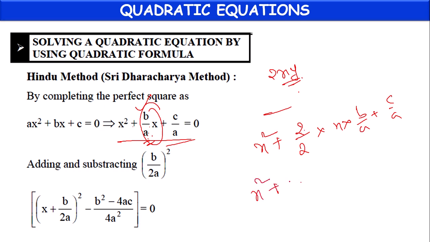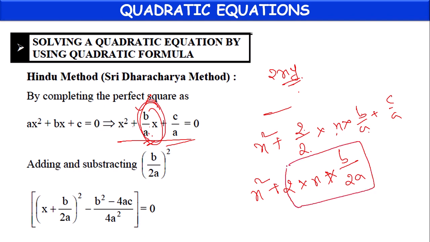So x square, 2, x, and in the numerator we have b, and the denominator 2 into a, 2a. So this b by a x we are writing in the form of 2xy as 2 into x into b by 2a, plus this c by a part.